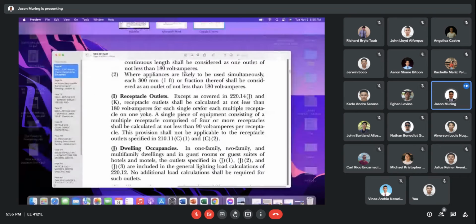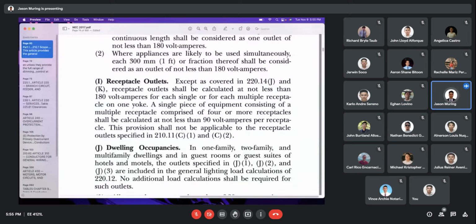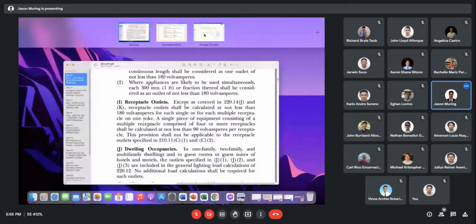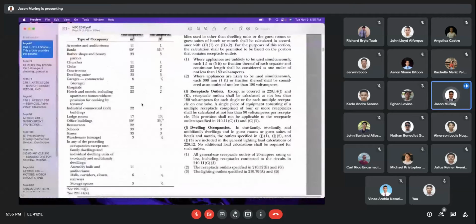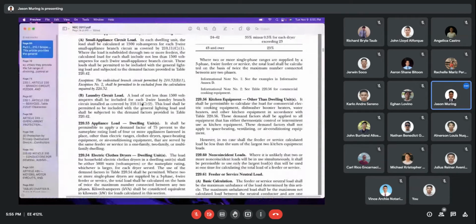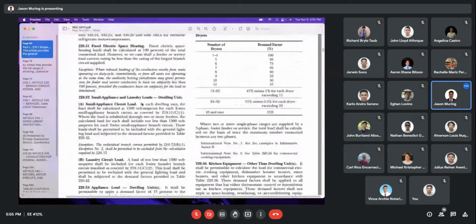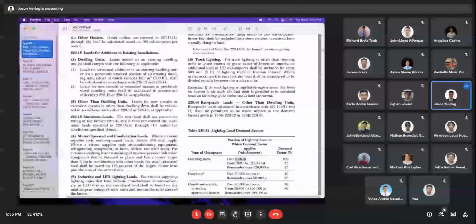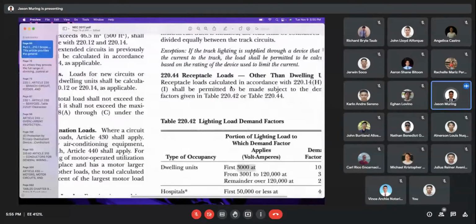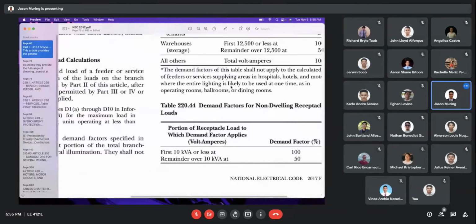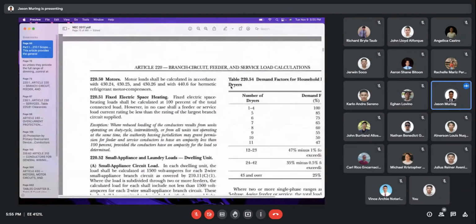What it means is not less than 90 volt ampere per receptacle, if you have 4 or more receptacles. Okay, so that's for this part, we're done here, and these are the demand factors.